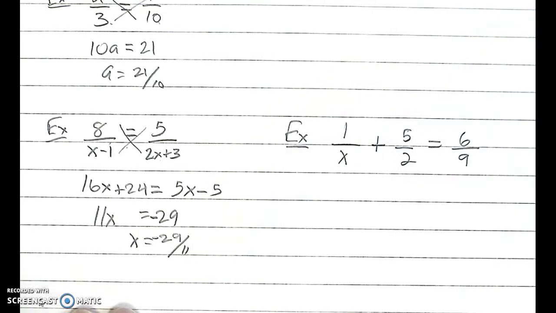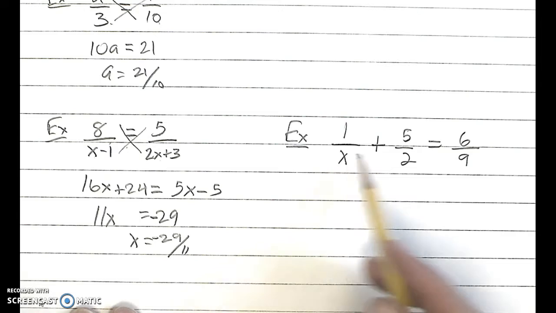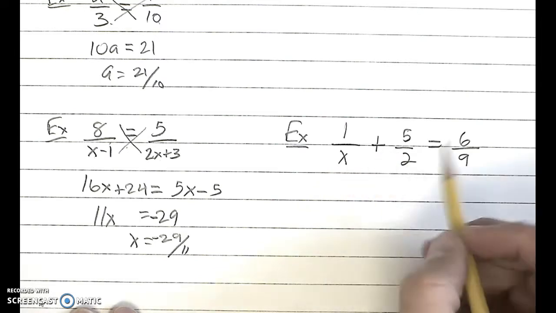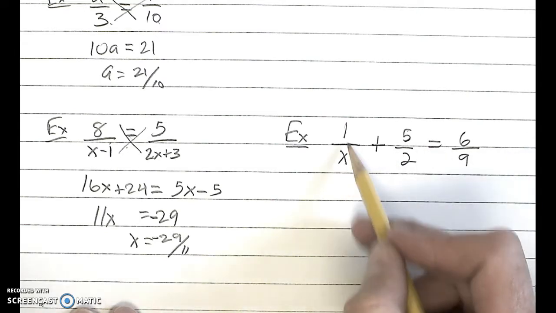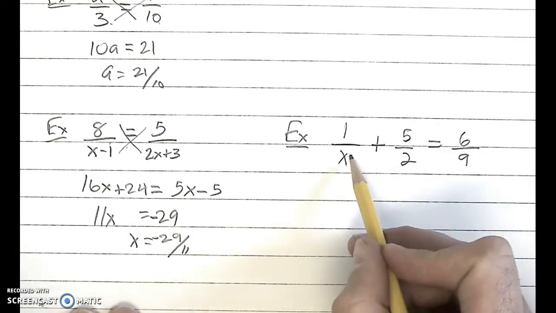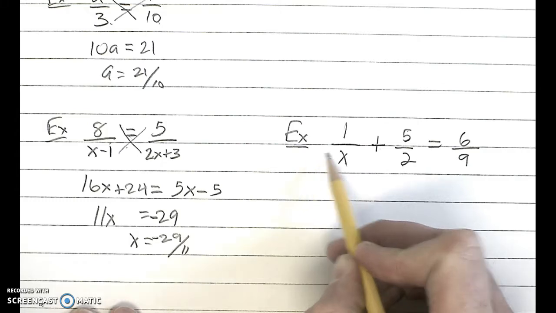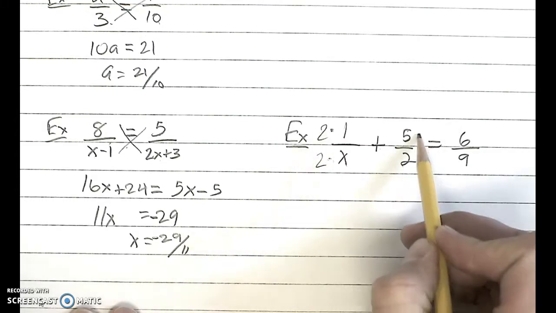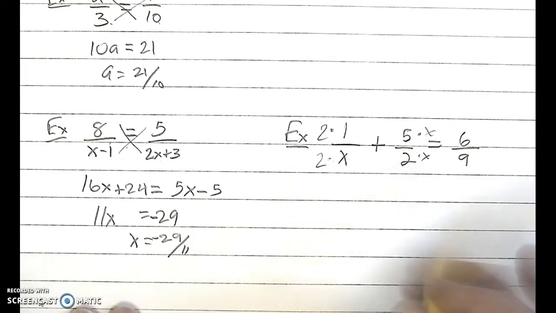In this case, it might not be too bad to actually add these two fractions. You need to find a common denominator, so if I multiply this by 2 and by 2, and this by x and by x, now I can add them.